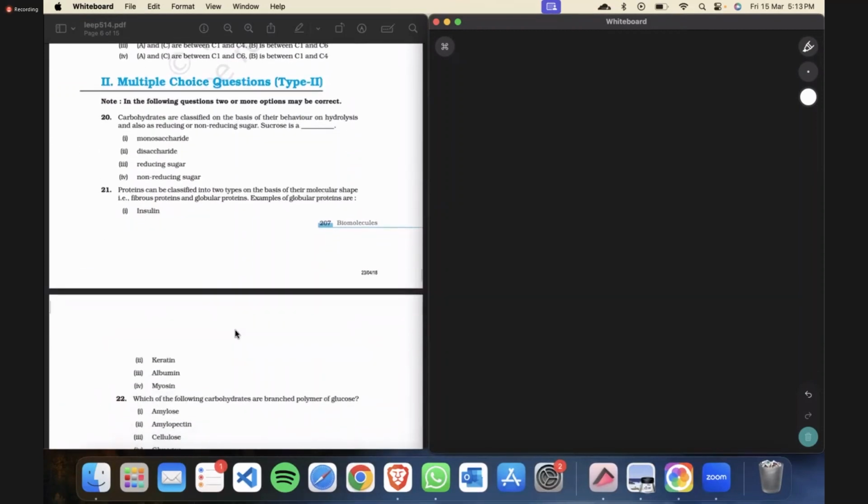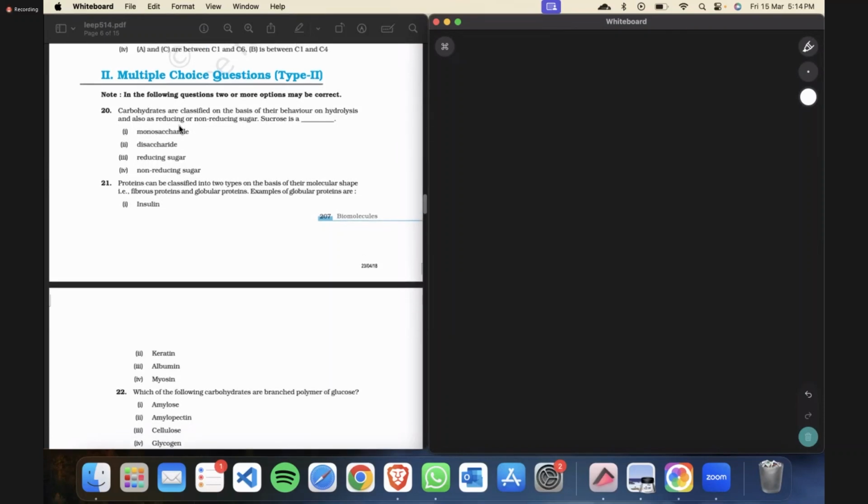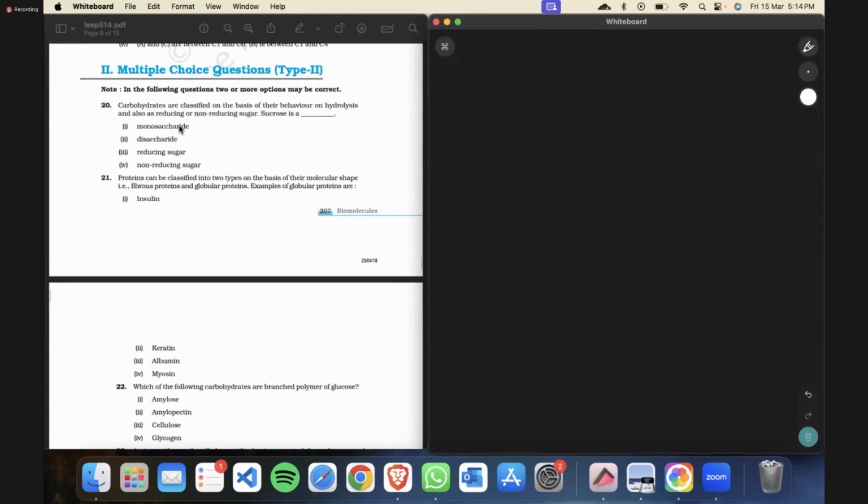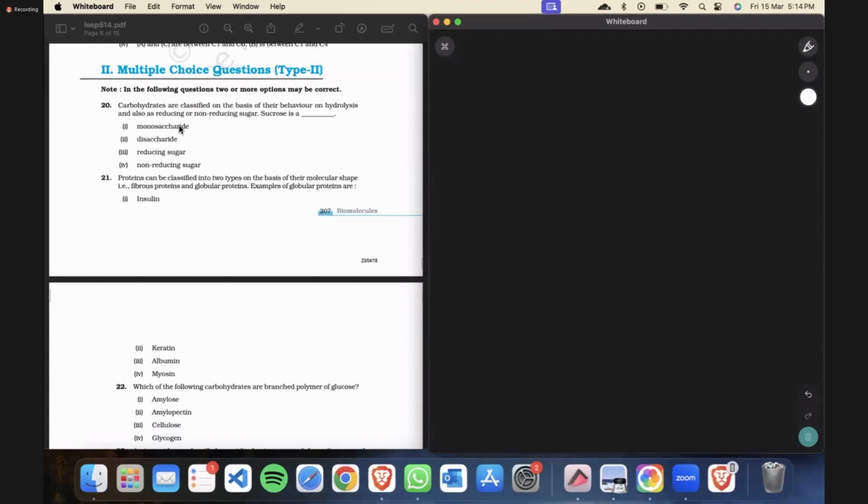So starting off with the multiple choice questions. In the following questions, two or more options may be correct. The first question says that carbohydrates are classified on the basis of their behavior on hydrolysis and also as reducing or non-reducing sugar. So sucrose is what?